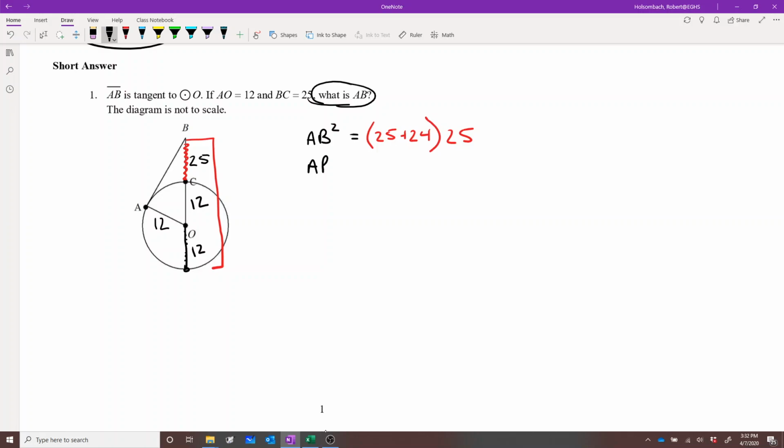So our AB squared is going to be equal to 49 times 25. AB squared is equal to 1225. And if we find the square root of each side, AB is going to be equal to 35.